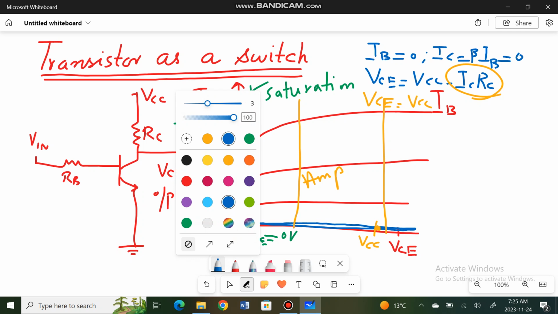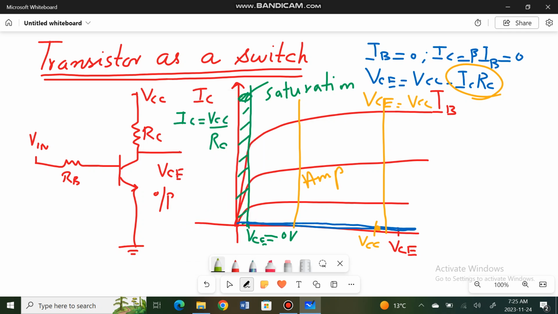While when you operate the transistor between the cutoff region and the saturation region, then it can act as a switch. Here the transistor will be off since no base current will be flowing in the circuitry, while in this case the transistor will be in the on state, and the maximum current is flowing.